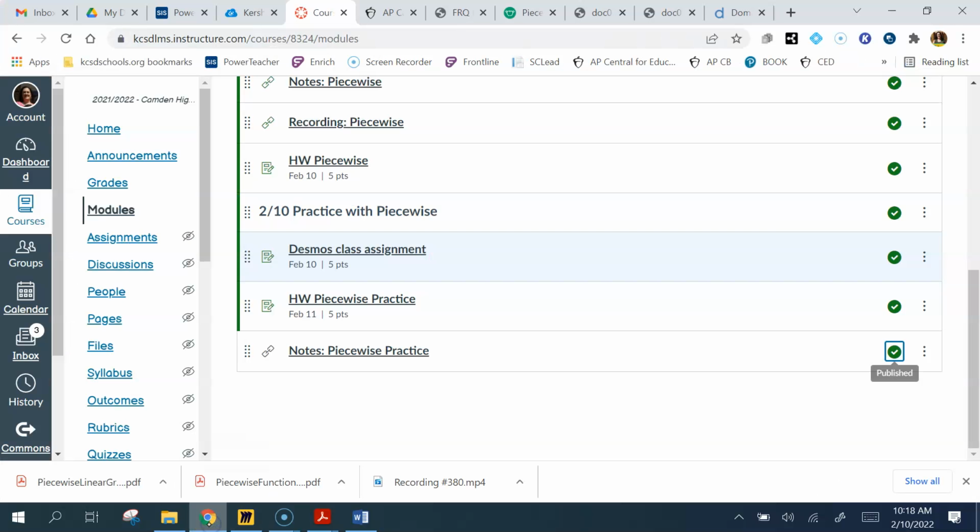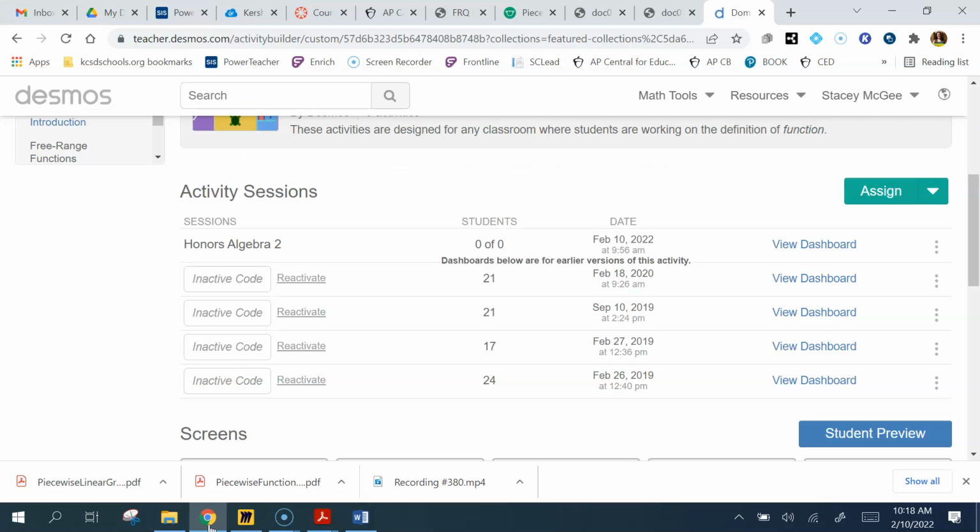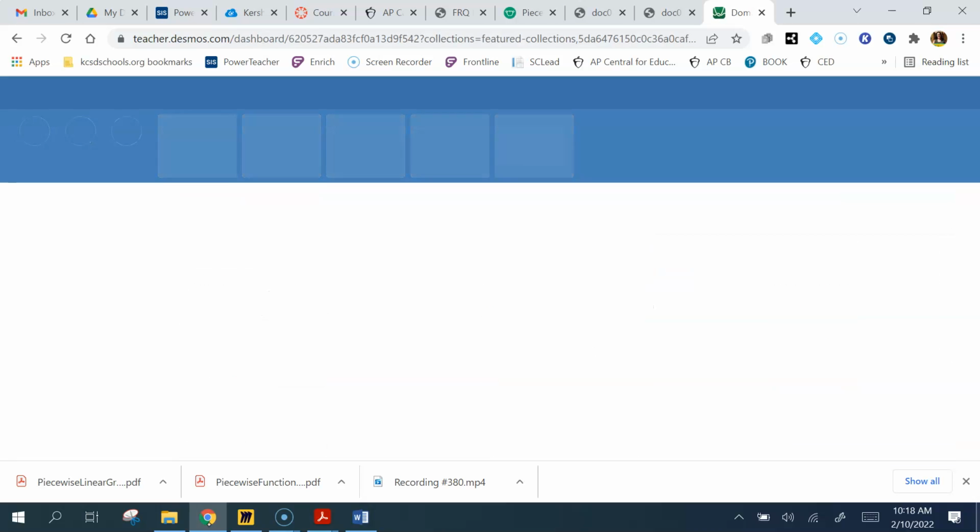There is a link in Canvas for the Desmos classroom activity. I want to make sure everybody can get in there. You should just be able to click the link and it will take you straight to the activity.